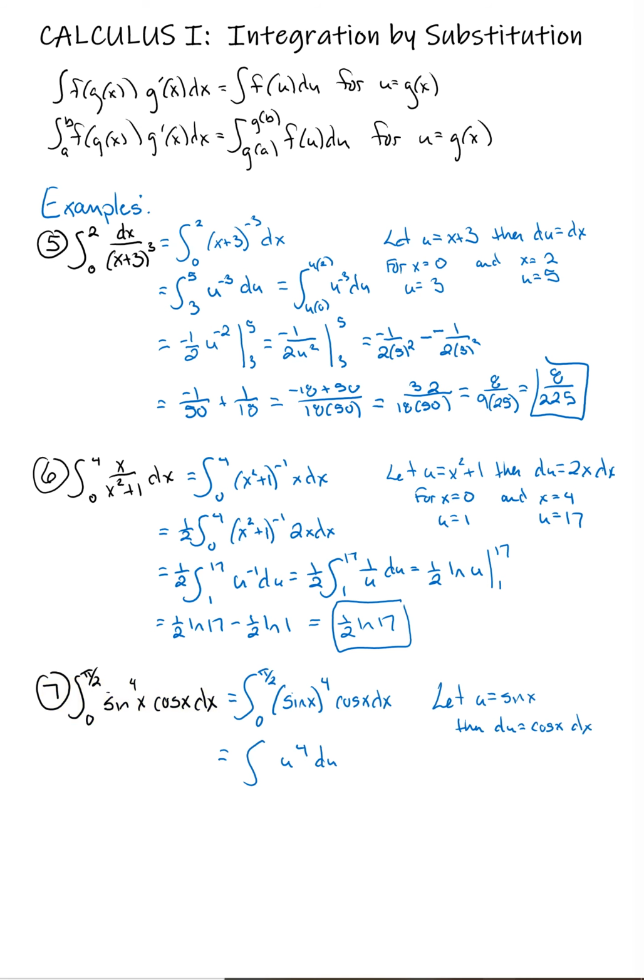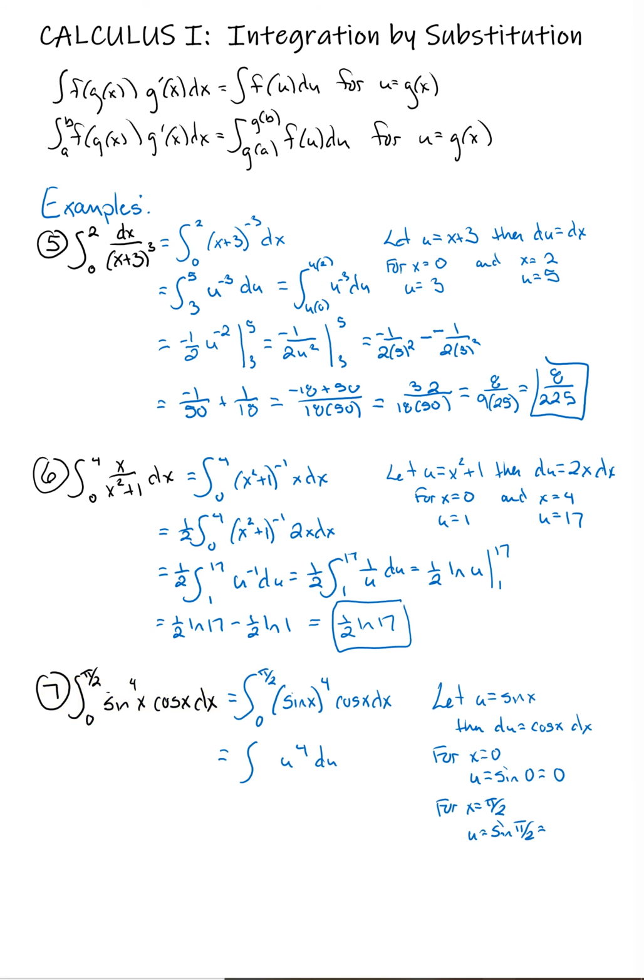Now we will have to change those limits of integration. For x equal to 0, u is the sine of 0, which is 0. And for x equal to pi over 2, that upper limit of integration, u is the sine of pi over 2.